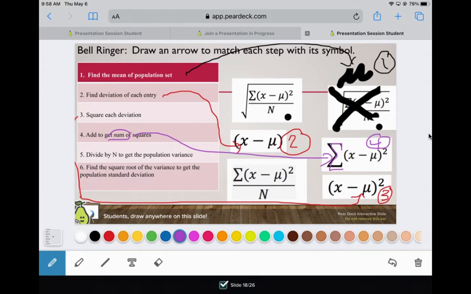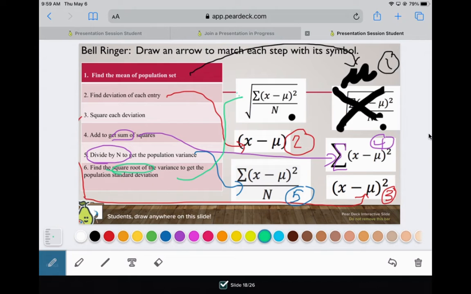Okay. And then step 5, you divide by n. So look in here, the one where you divide by n is step number 5. And then step number 6 is the one that says find the square root. So the keyword is square root. So in here, this is step number 6.